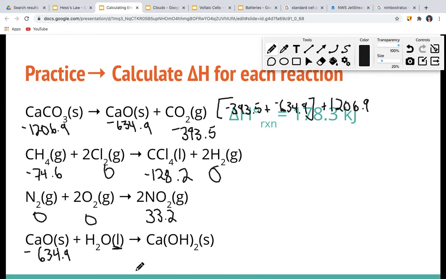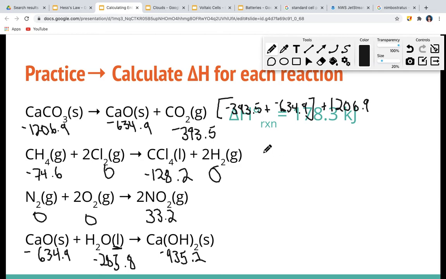Liquid water, okay, not gaseous water, is negative 285.8. And then calcium hydroxide, negative 935.2. Okay?